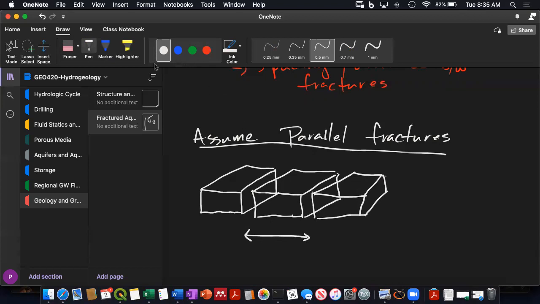So this is my fracture. So I've got two parallel fractures here. They are separated by a distance B. So this is my fracture spacing. And this B goes to the midline of each of these fractures.